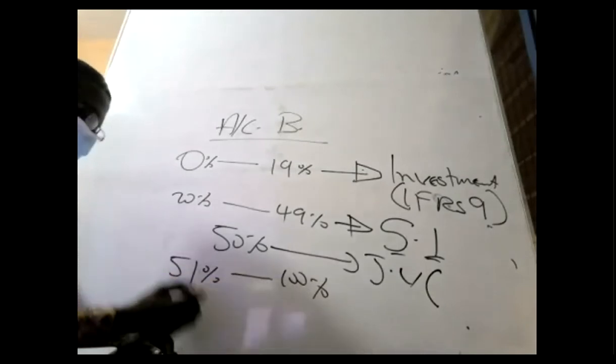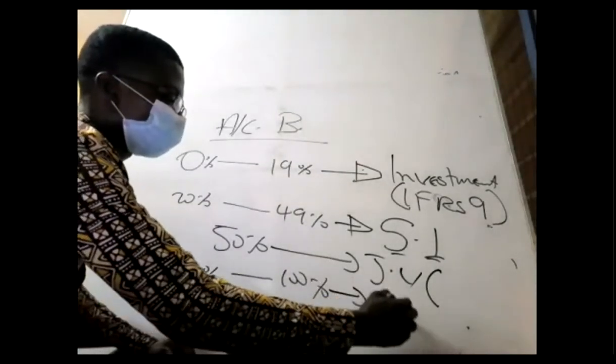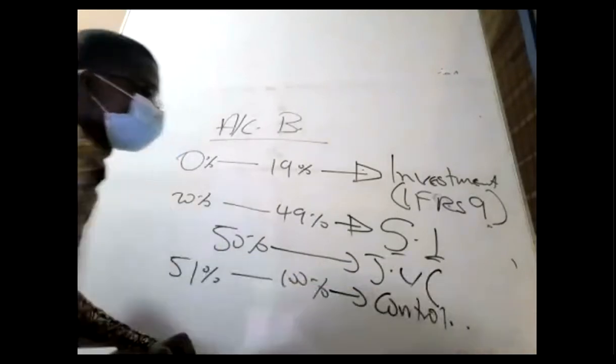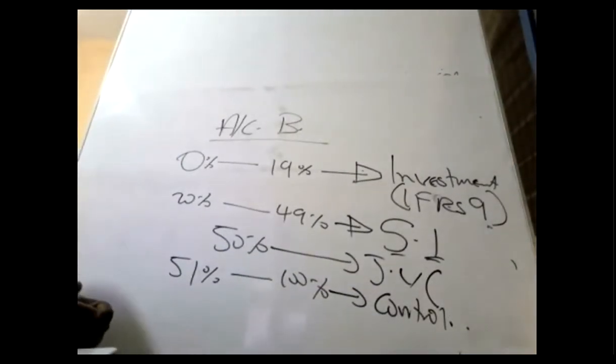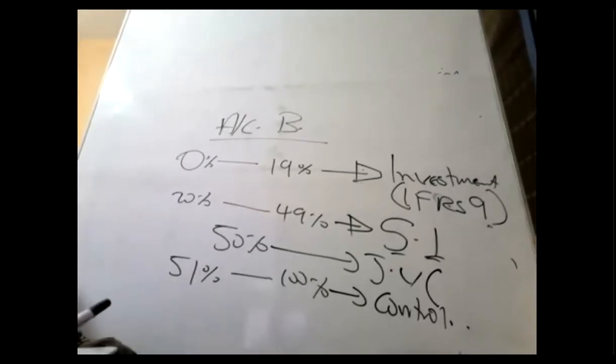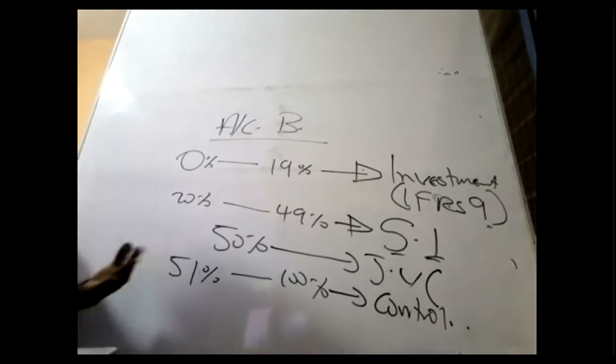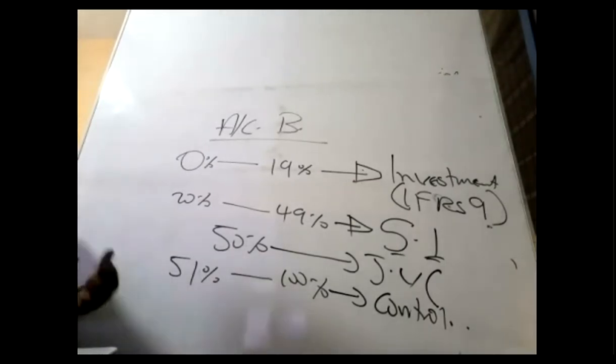But if you have 51 up to 100, in fact, that one you have what? Control, full control. So take note of this accounting boundary. Control, in a simple case, is presumed to exist if you have more than what? 50% equity shares. That is it.